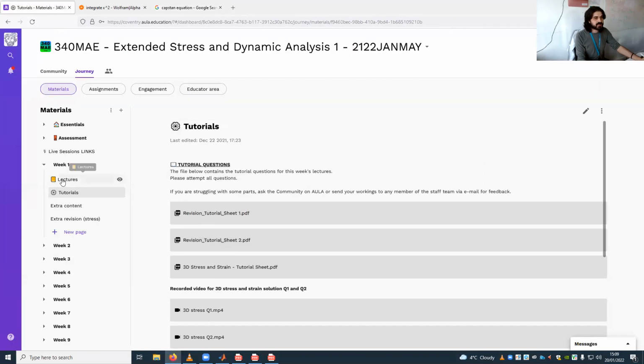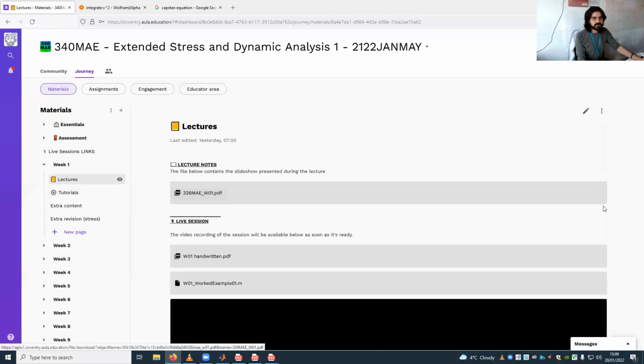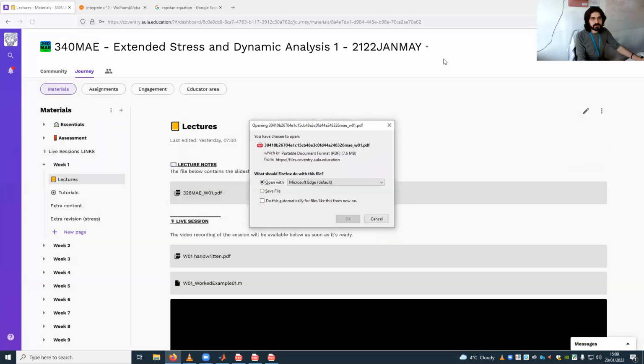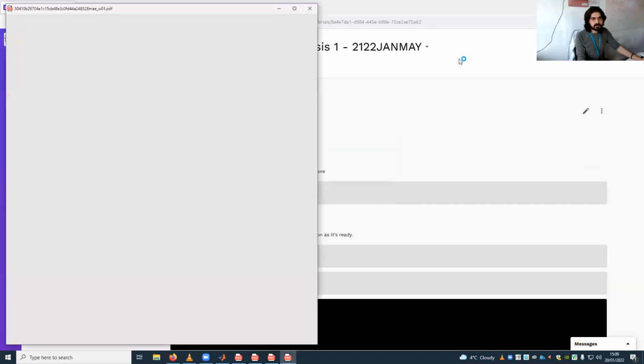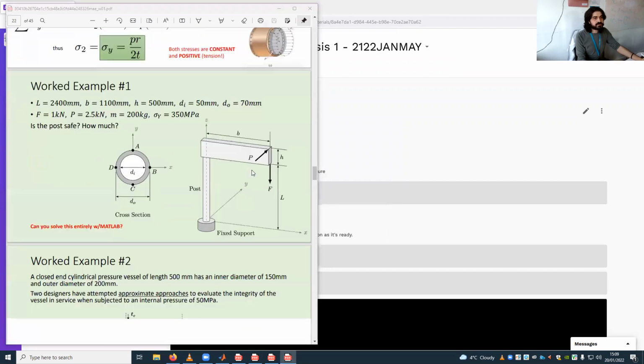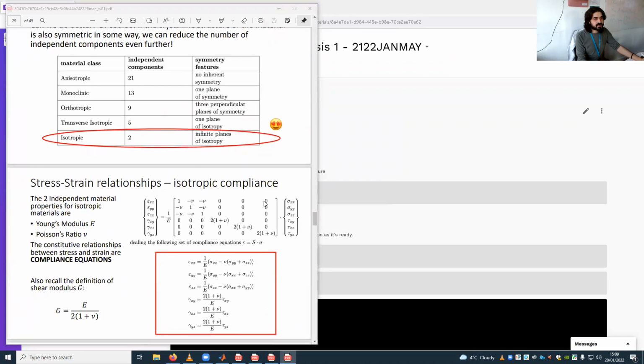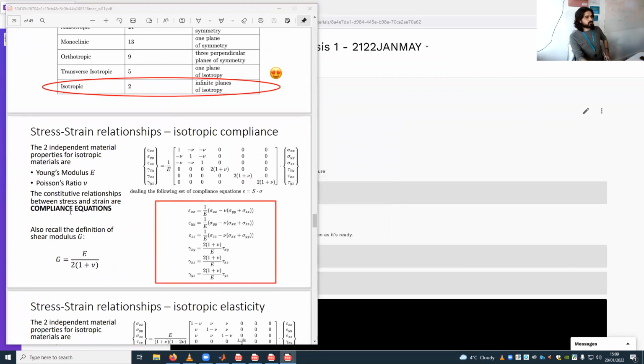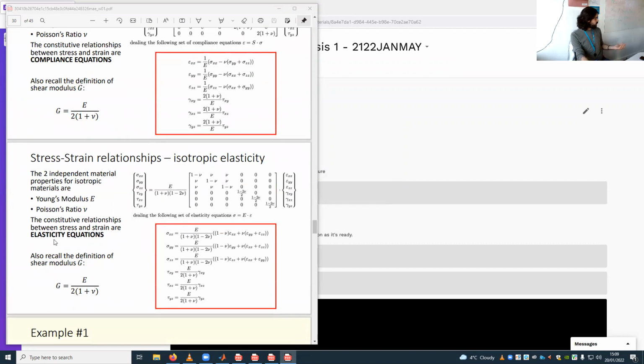If you look at the lecture notes, I told you about the compliance equations, which let you calculate the strain state given a stress state, and the elasticity equations that let you back up the stress state if you know the strain state.